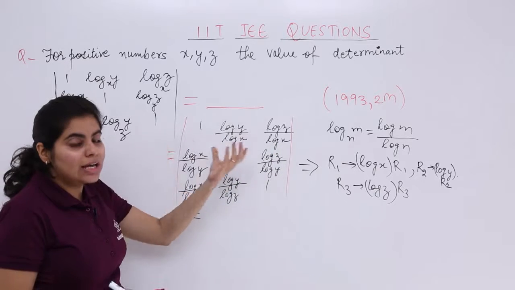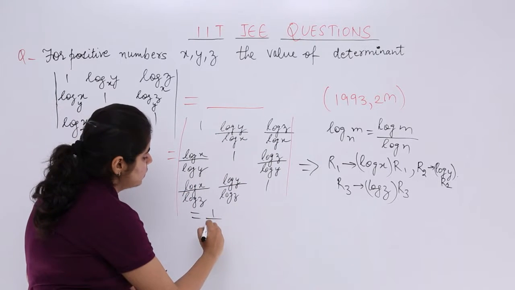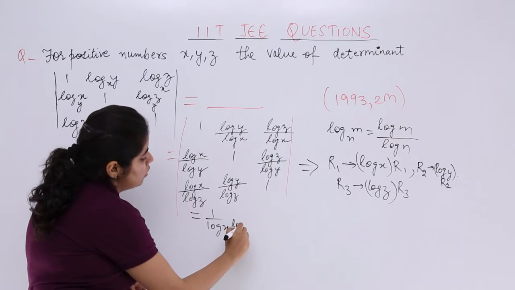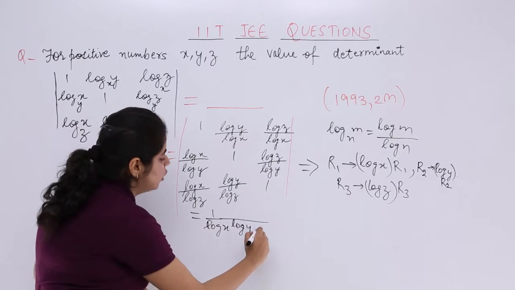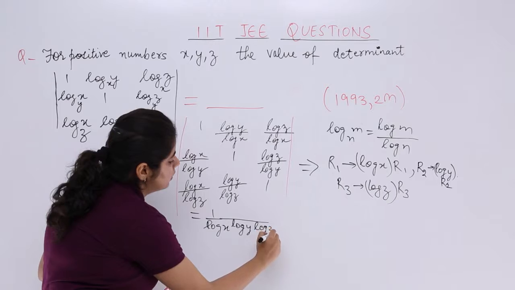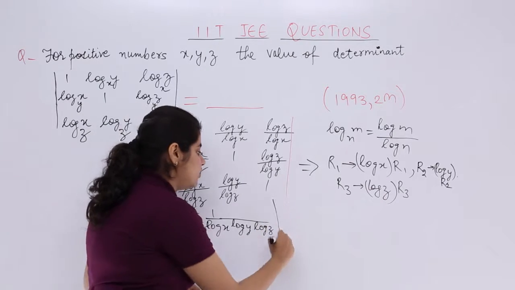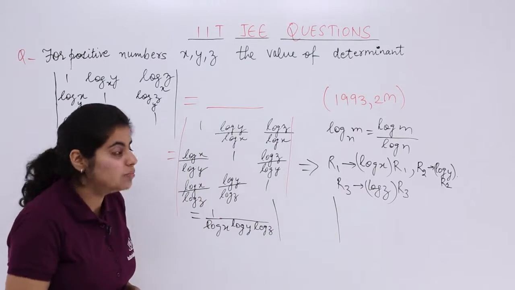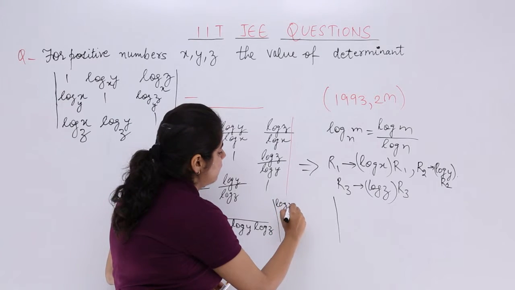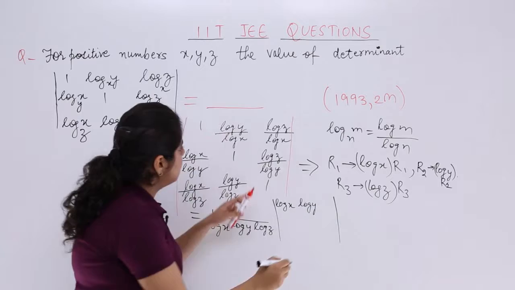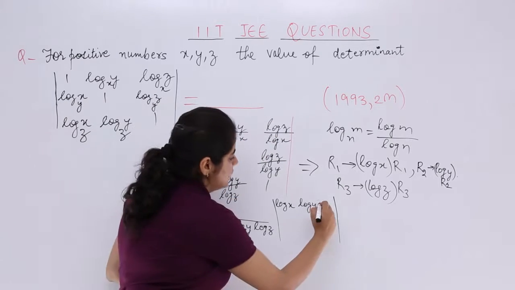I see that 1 by log x, log y, and last but not the least log z will be there outside. And then inside you have a determinant. 1 into log x will become log x, then you have log y, and then you have log z.